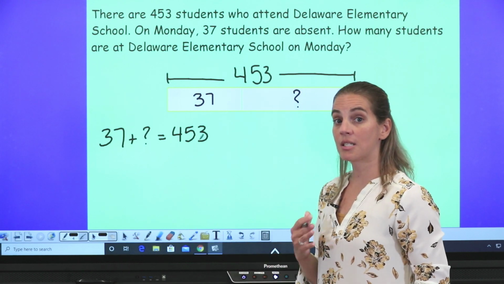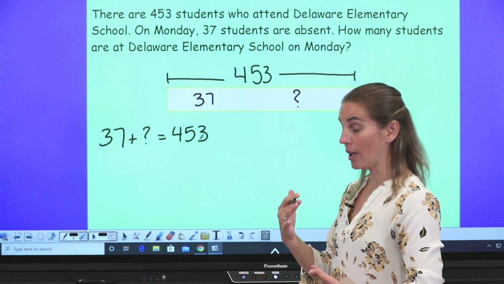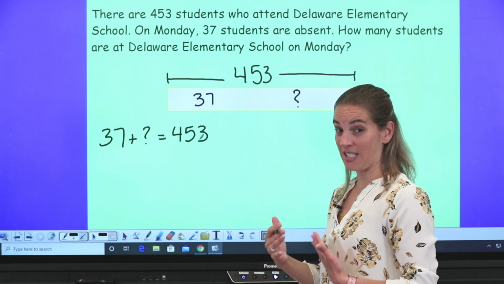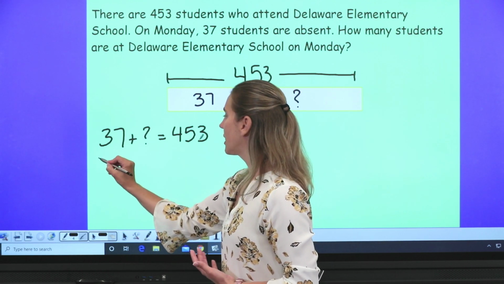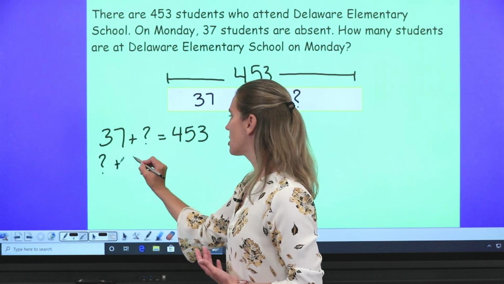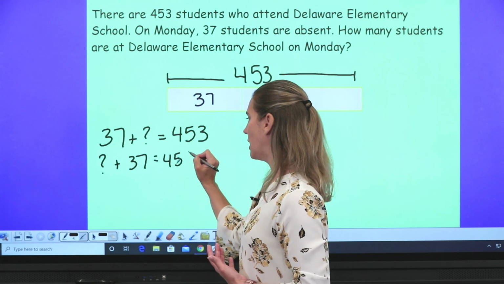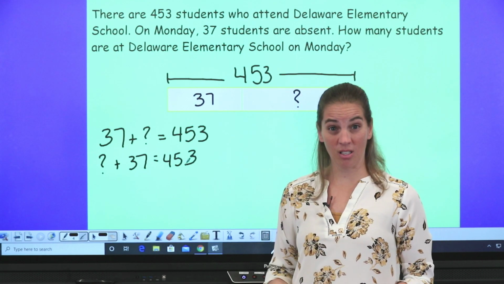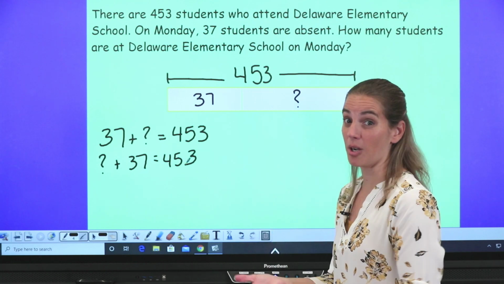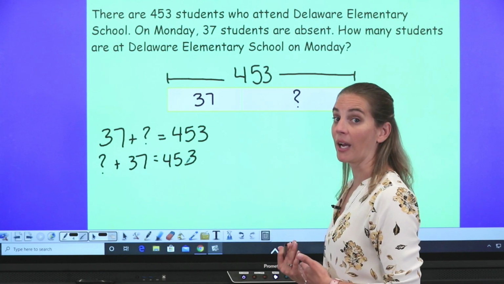We know that we can take those two addends and switch them around to make another addition sentence. So I can do question mark plus 37 equals 453. Well, that doesn't help me solve the problem because I still need to make that question mark come all the way over to the right-hand side by itself.